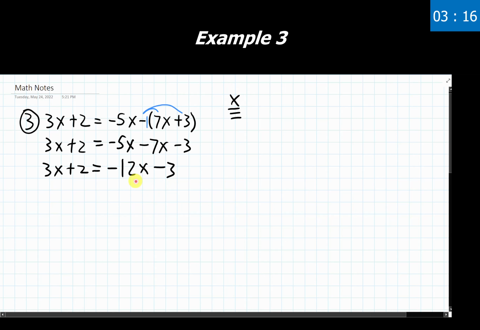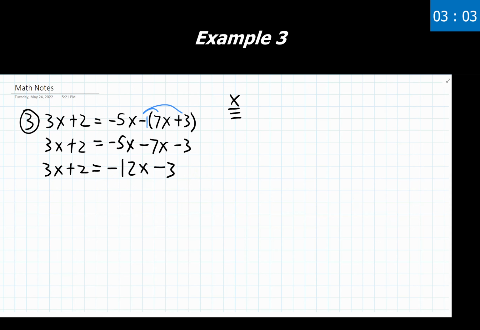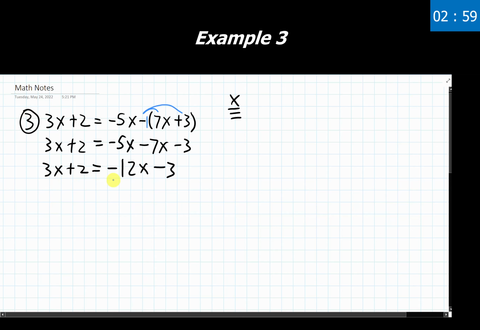Again, I'm noticing I have x's over here and I have x's over here. So I need to get rid of one of those, either this 3x or the negative 12x. Using the hint from our process, I'm going to get rid of the lower valued one. So which one between the 3x and the negative 12x is the lower valued one?